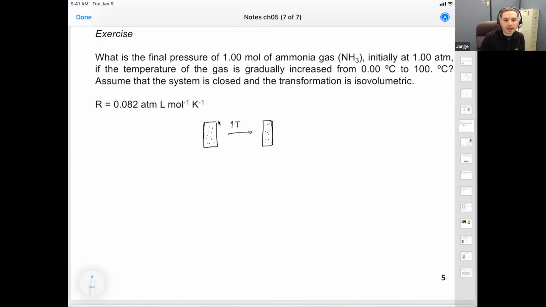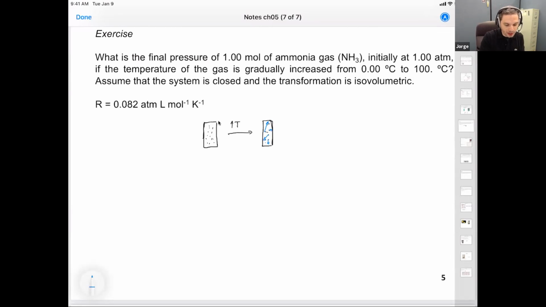If there is an increase in the temperature, now the molecules of the gas are going to move faster. The result of this fast movement is now there are more collisions between the gas and the walls of the flask. As a result, the pressure must increase.